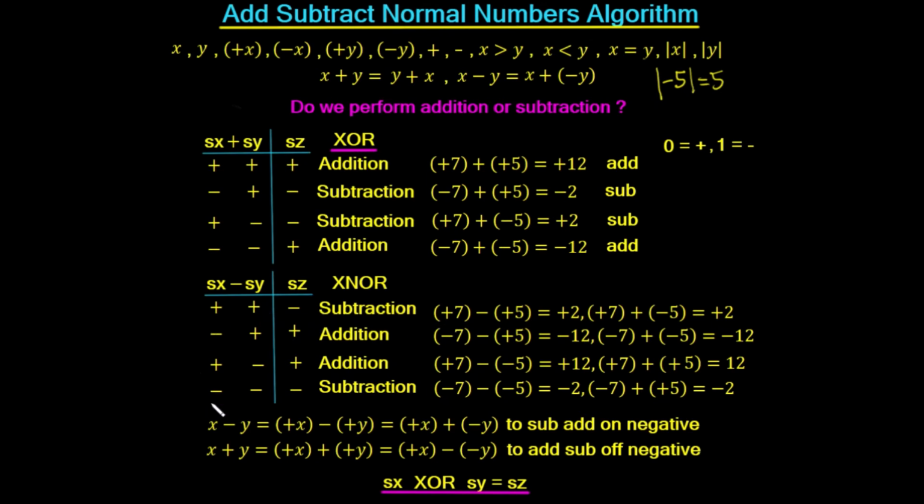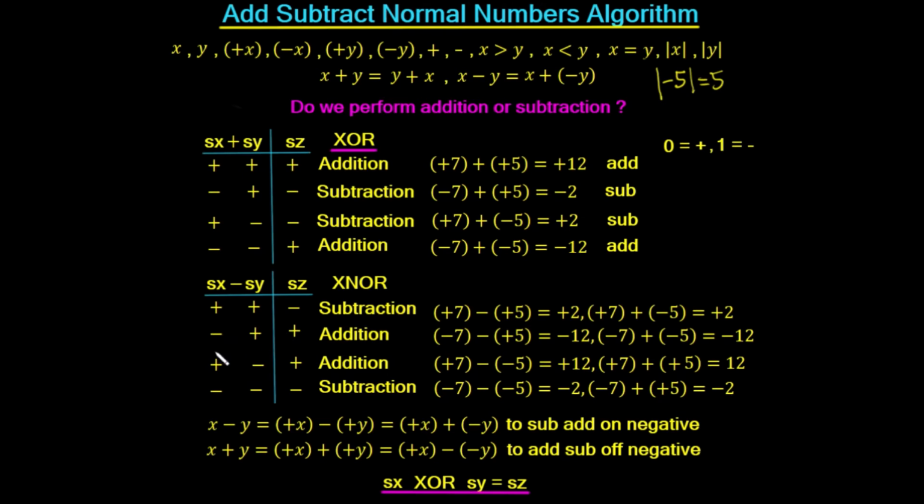Now again, if both the numbers were negative and we were to subtract, then we would have minus 7 minus 5, which is equivalent to minus 7 plus 5. Minus 7 plus 5 is a value of minus 2. So again, we've gone through a subtraction algorithm. We've had the 7 and the 5 and we got a value of 2.